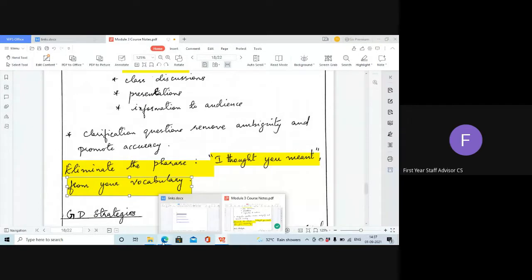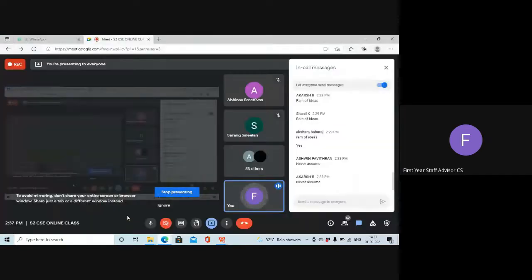Is it clear? Which phrase should you eliminate from your vocabulary? Anyone? No, I just put it in quotes. "I meant" is not a complete phrase.